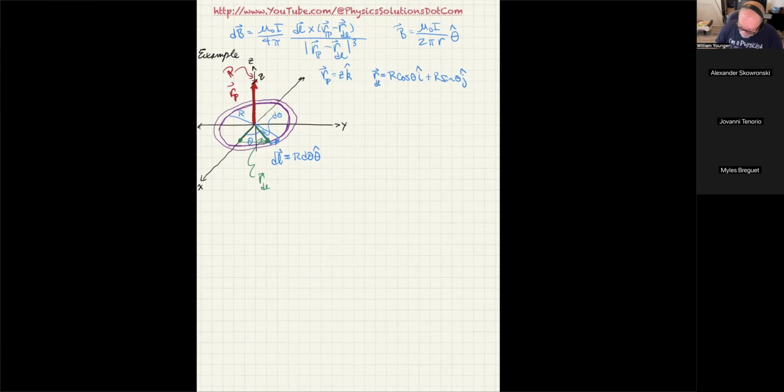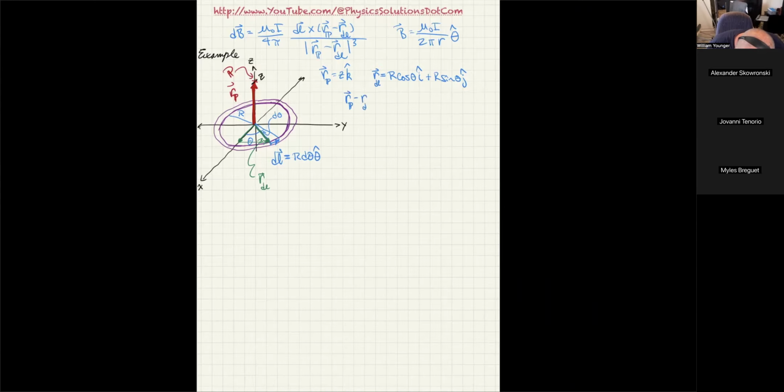So we now have all the vectors that we need, and that's the biggest part. If you can now put them all in that integral formula, then you have basically what's required to get you the lion's share of the credit for the problem. Now we also have to compute RP minus RDL, so I'm just going to do that. But remember, it's nothing magical, it's just literally subtracting one vector from the other.